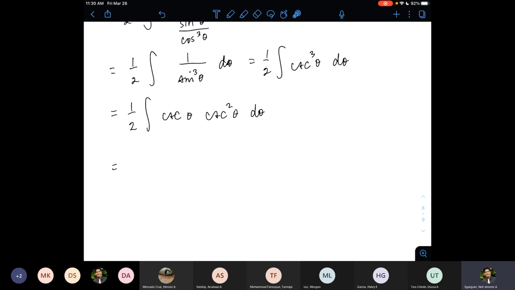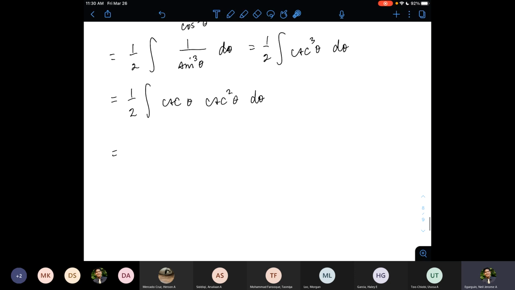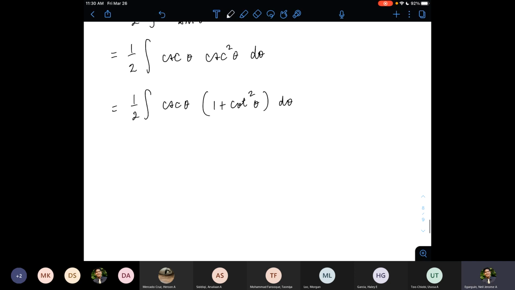All right, so you can apply the same mechanism for that. So here I'll write this as 1 plus cotangent squared theta d theta. So we'll have 1/2 integral of cosecant theta plus cosecant theta cotangent squared theta.